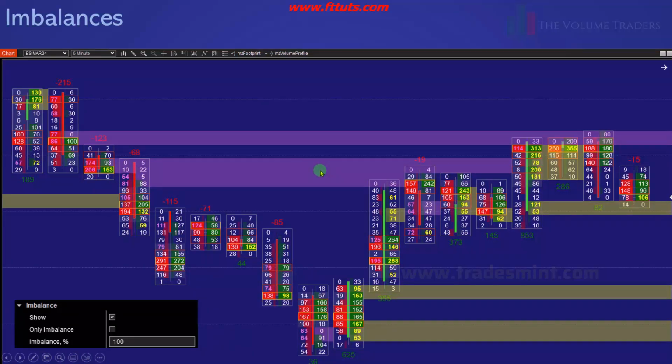And here comes also a little example why I don't even think about the finished auctions theory. Take a look at this one. Price reached the resistance, here the area of stacked imbalances. And in these 3 following candles, there is a 0 on top.